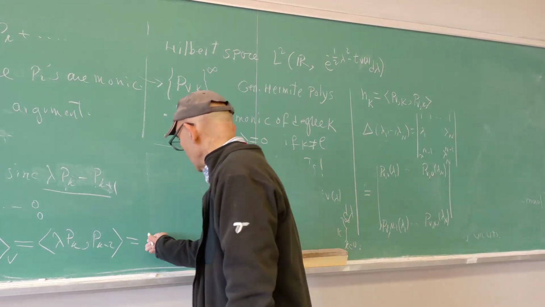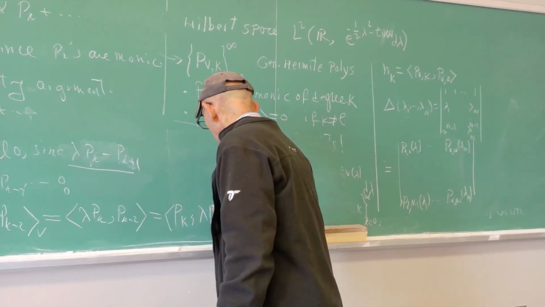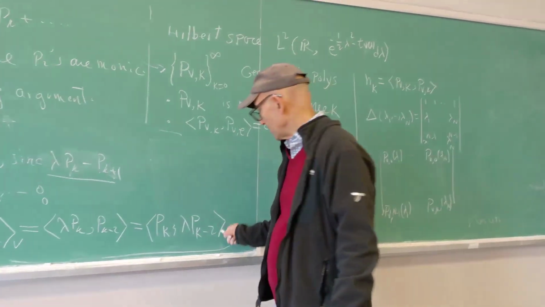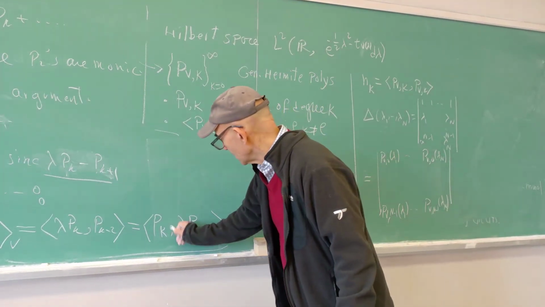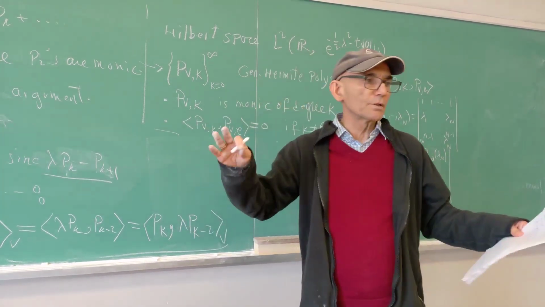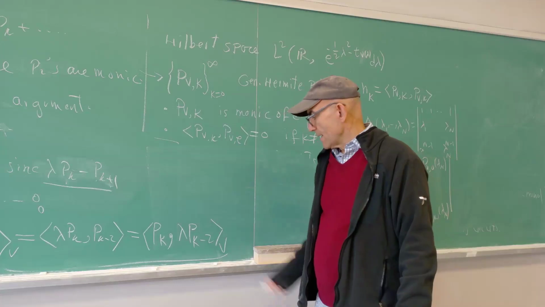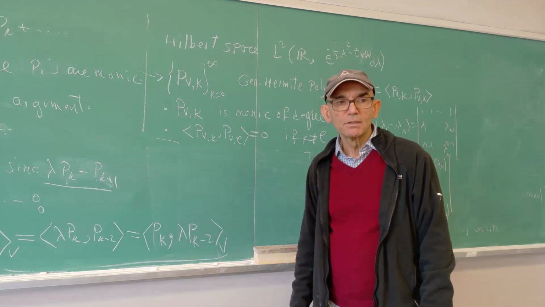This is equal to pk and lambda pk minus 2, because if you look at the inner product, you can just shift it to the other factor. Now, why is this 0?